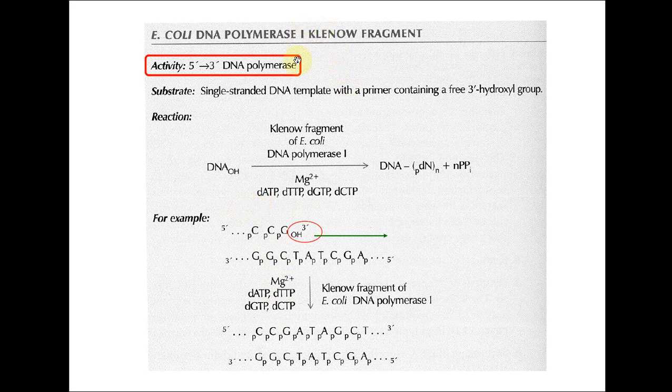E. coli DNA pol 1 Klenow fragment has 5' to 3' DNA polymerization activity. So, see, this is the DNA strand, and this strand is extended with the help of DNA pol 1 Klenow fragment.